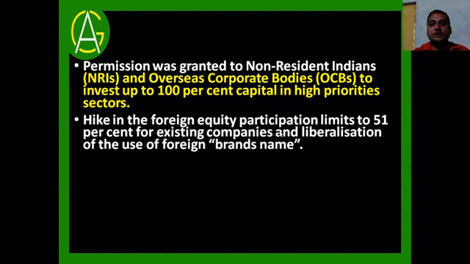Hike in foreign equity participation limits to 51% for existing companies, and liberalization of use of foreign brand names. Government allowed foreign companies to use their brand names in India, and government allowed equity participation, that means investment by purchasing equity shares up to 51% in several companies so that foreign companies can better work in India.